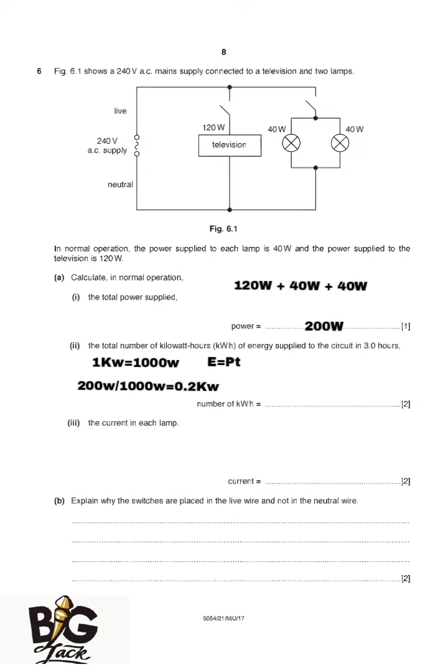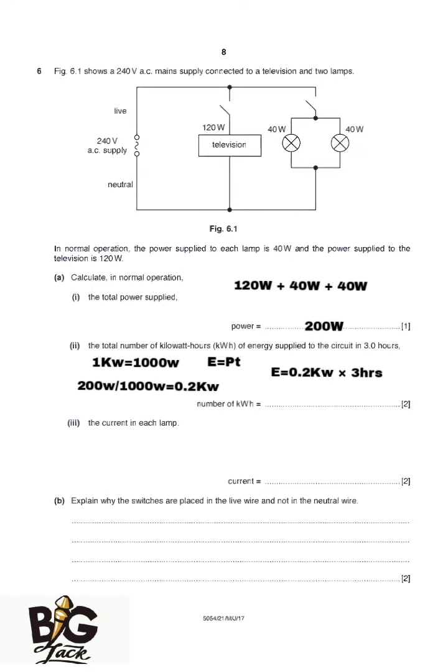We have been given the time, which is 3 hours, and we have found the power in kilowatts, which is 0.2 kilowatts. So energy is equal to power, 0.2 kilowatts, multiplied by 3 hours.